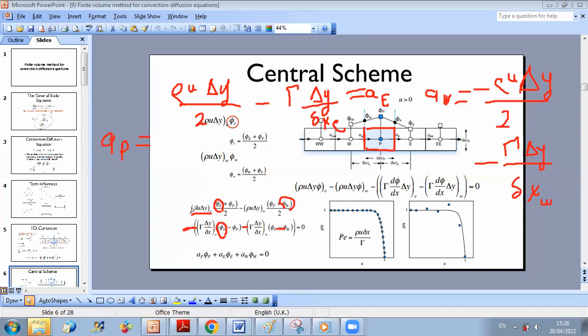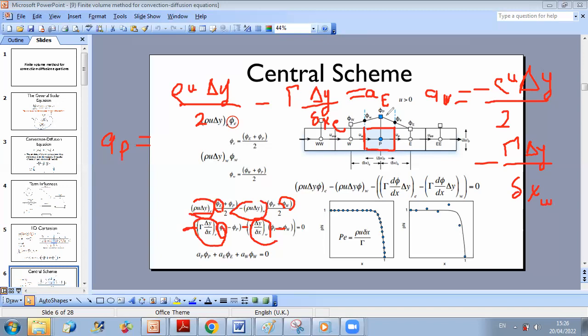So AP is rho U delta Y east minus rho U delta Y west plus tau delta Y over delta X east plus tau delta Y over delta X west. So once you find the coefficients A east, A west, AP, then you can solve your system using the different methods mentioned before.